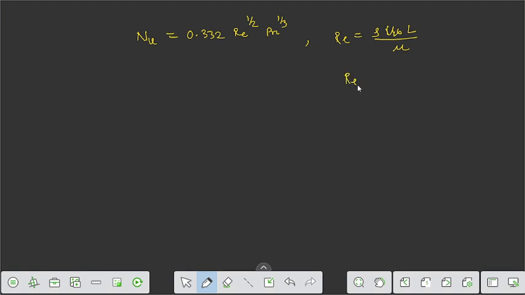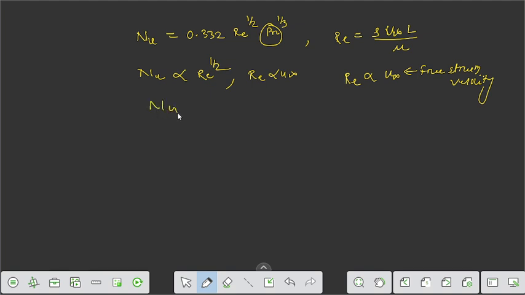So as the Reynolds number is directly proportional to u infinity, that means the free stream velocity, and the Prandtl number is also a constant quantity, the Nusselt number in the formula is directly proportional to Reynolds number power 1 by 2, and the Reynolds number is directly proportional to u infinity.